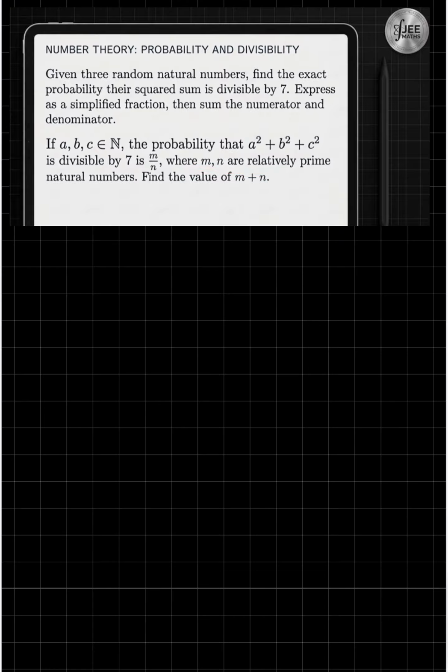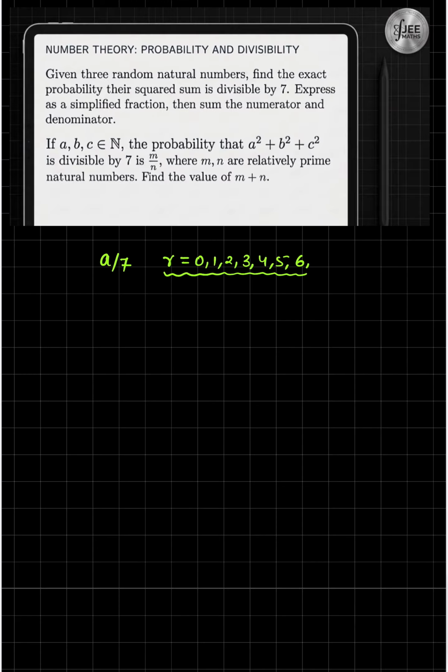Okay, so in this case we can start with: if any number is divided by 7, the remainder possibilities are 0, 1, 2, 3, 4, 5, 6. That's it. So these are the possibilities of remainder we have, right?